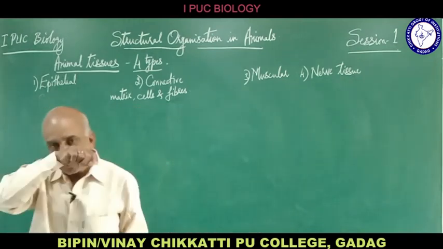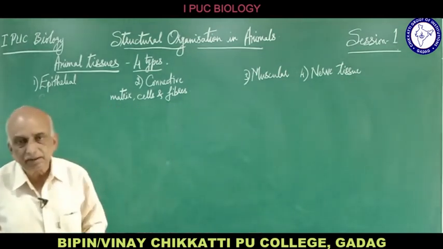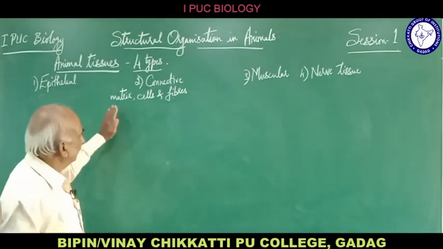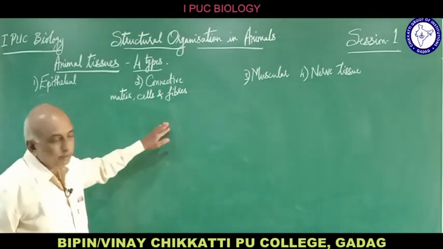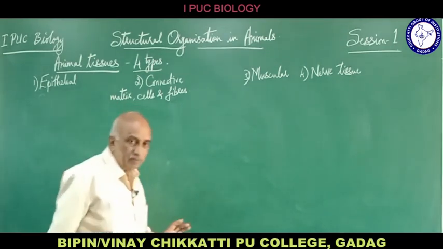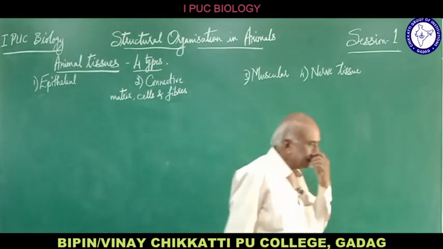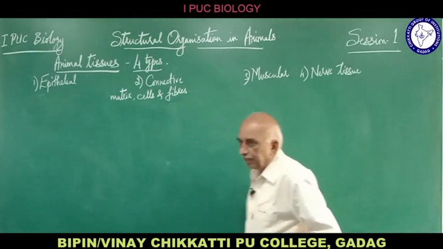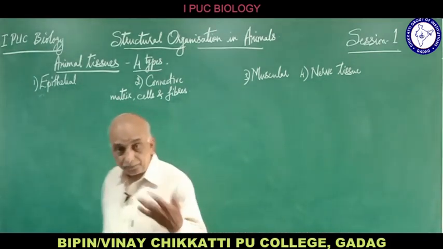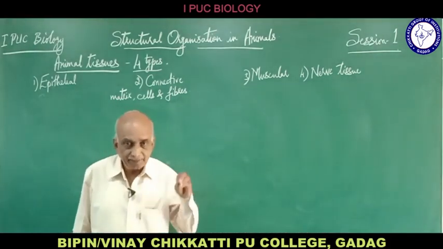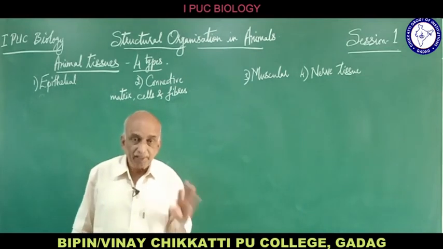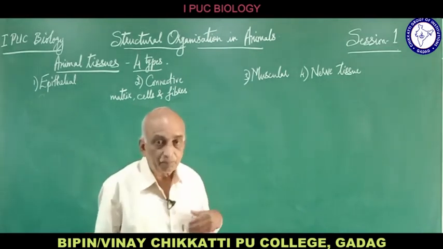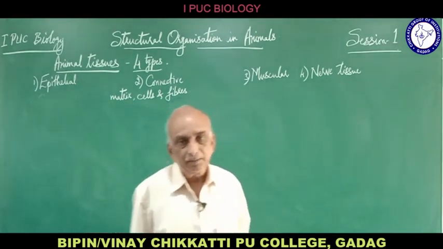So here we study three types of connective tissue. Any connective tissue consists of a ground substance which is called matrix. The chemical composition of this matrix is different in different tissues. In this matrix, there is only one type of cell, or there are many types of cells.